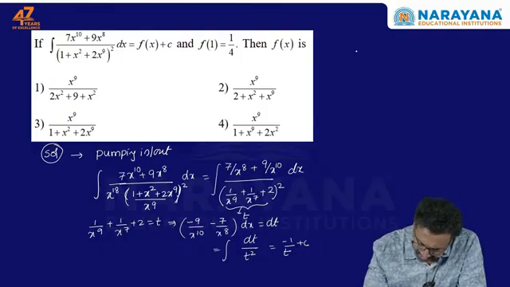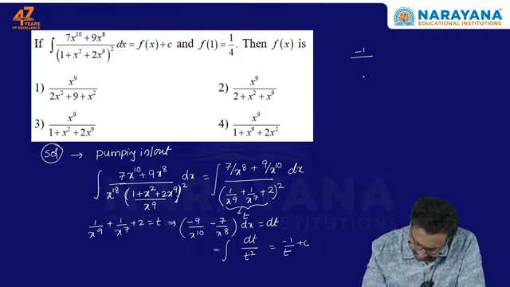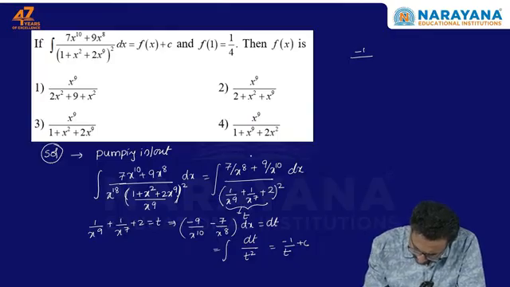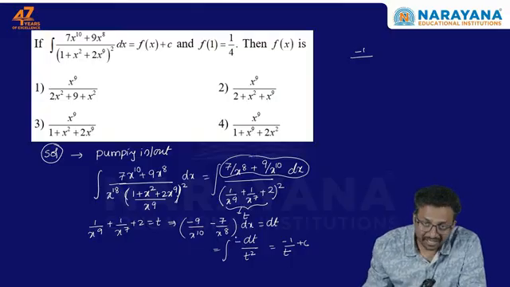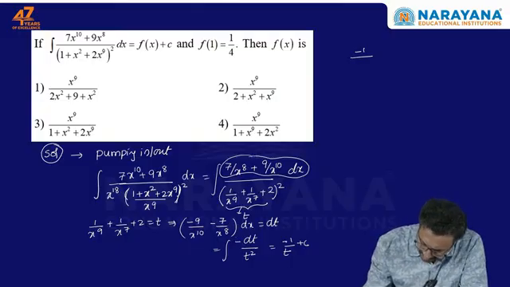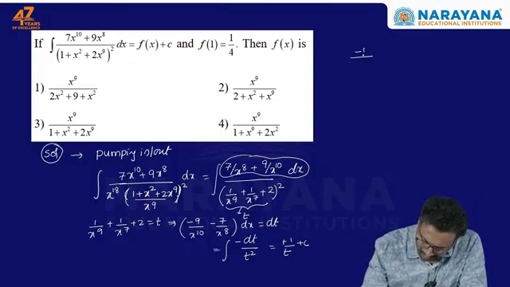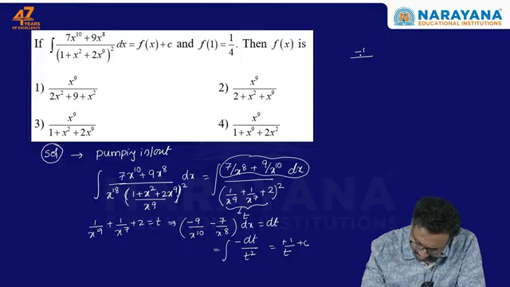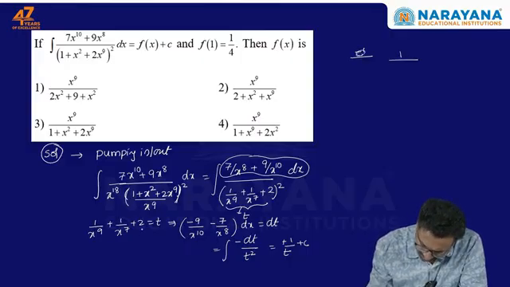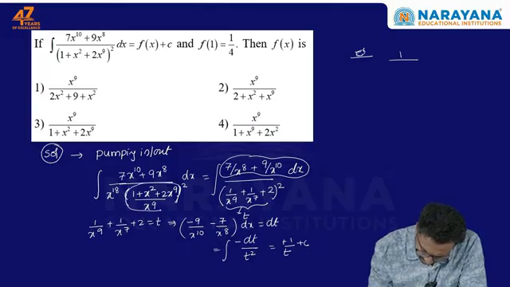So what is t here? If you can see, 7 by x power 8 plus 9 by x power 10 dx is minus dt. Sorry, so minus 1 by t square, the integration will be plus 1 by t. So the value of the integral is 1 by t, and t is nothing but this.